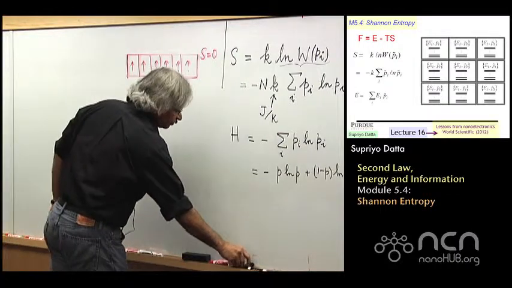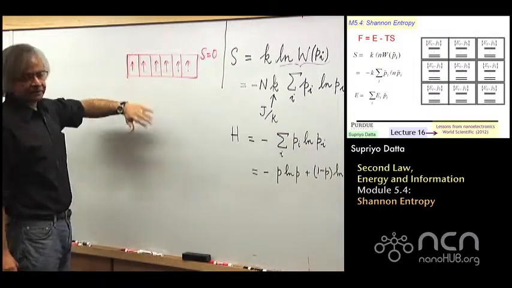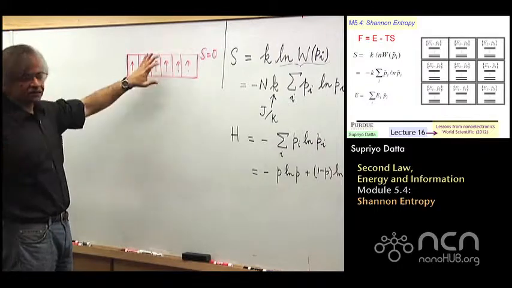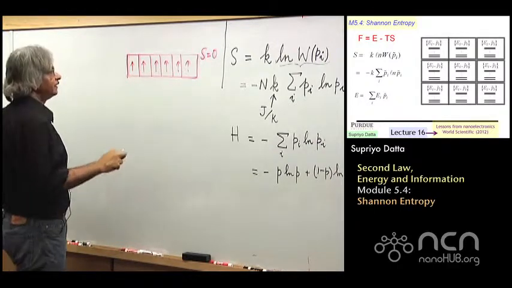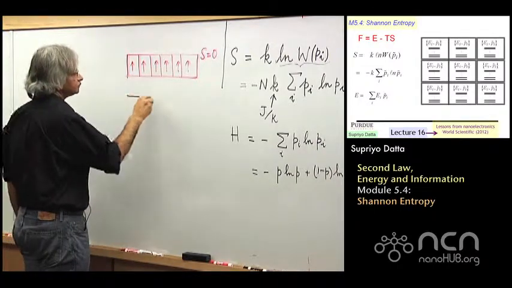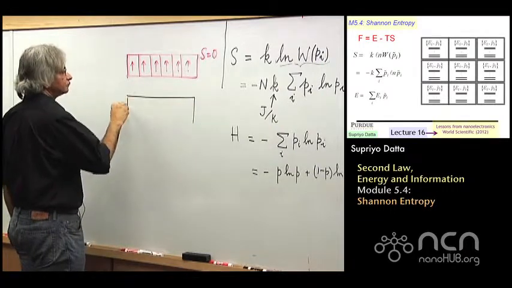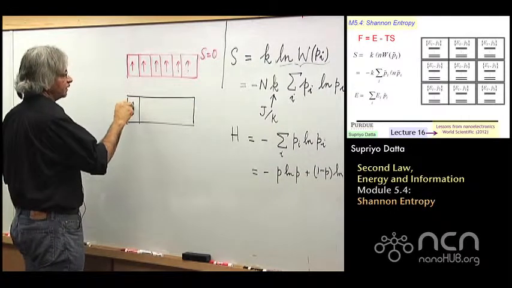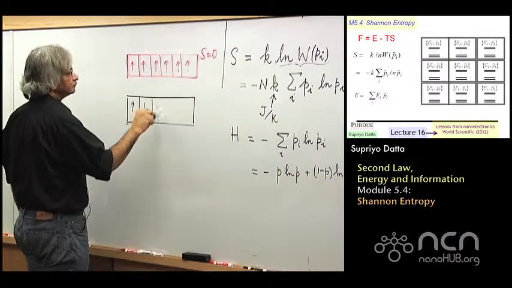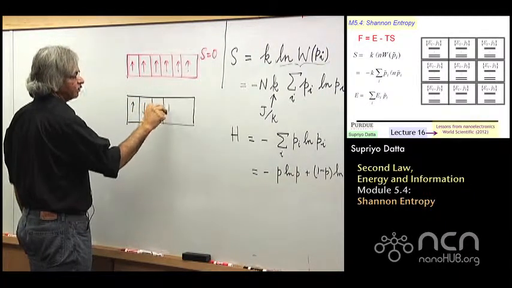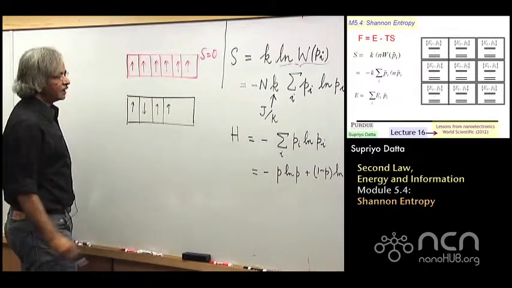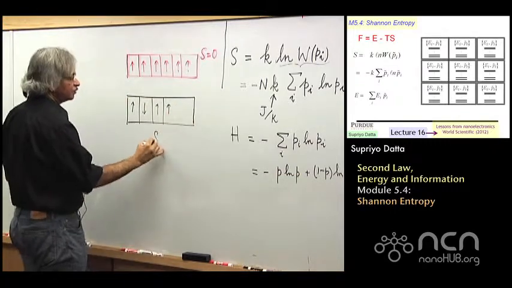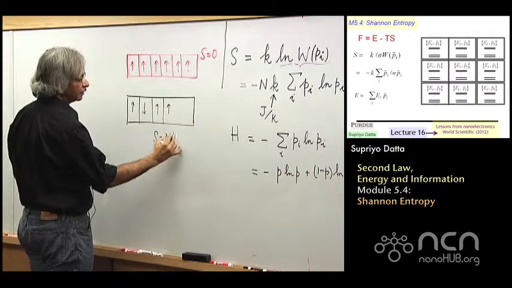Of course, if you let it equilibrate with its surroundings and interact, then it will eventually all become random. Some up, some down, etc. And so the entropy eventually will be nk log 2.